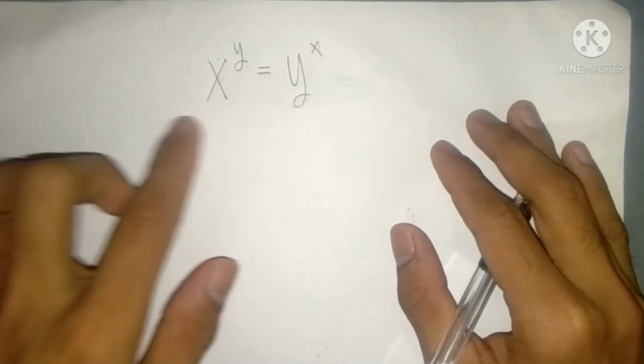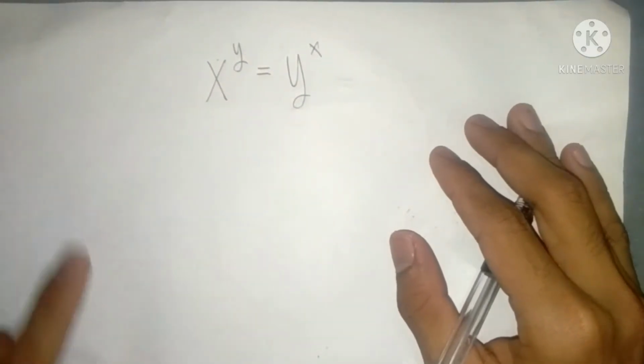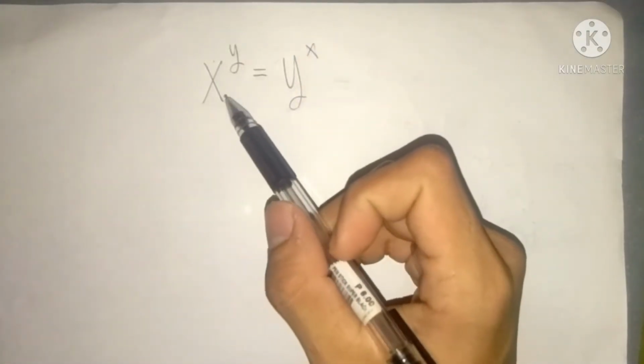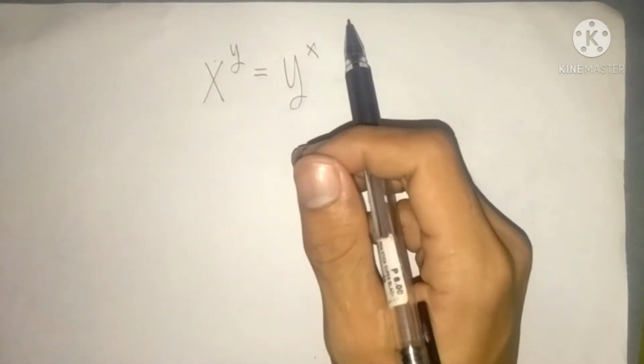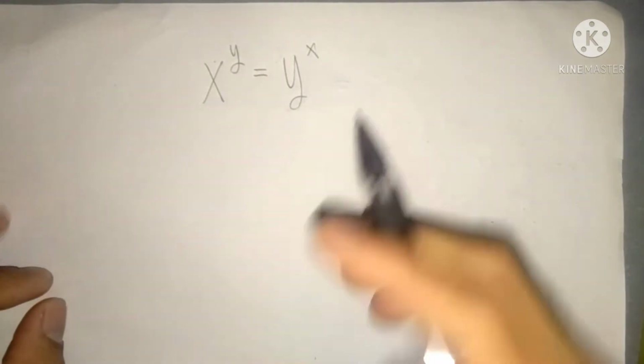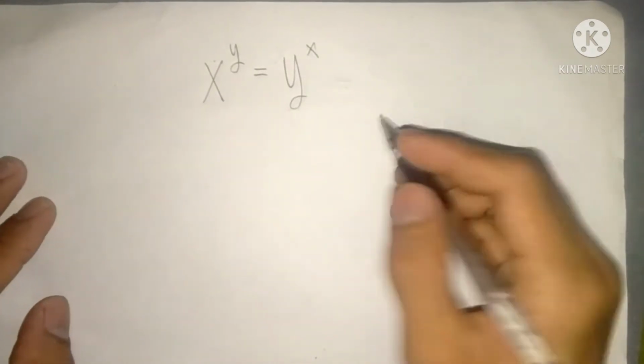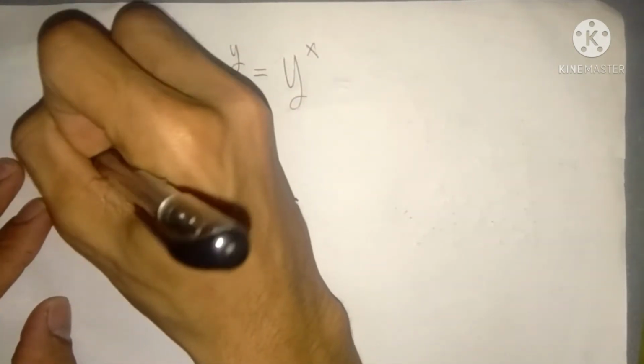Ngayon, ituturo ko sa inyo ang tamang proseso ng pag-solve sa value ng x and y in the equation x raised to y is equal to y raised to x. Unang-una ang gagawin natin, let y is equal to something na number constant, let's say c, then multiply natin sa x.